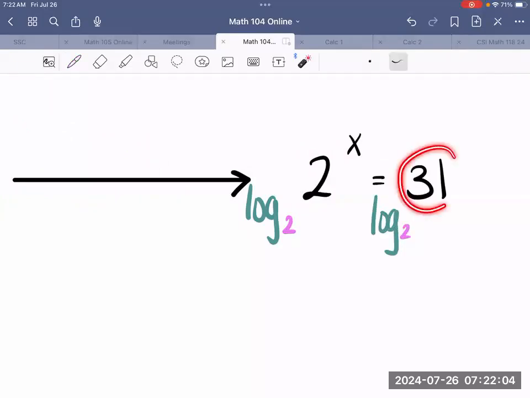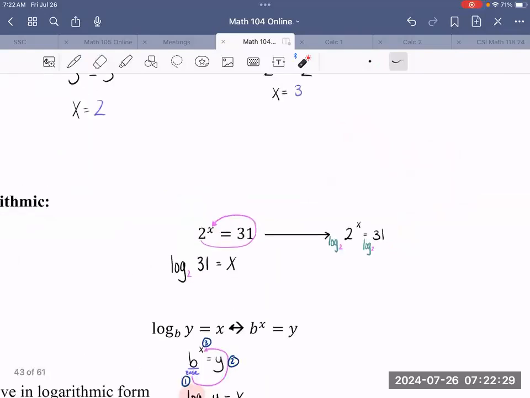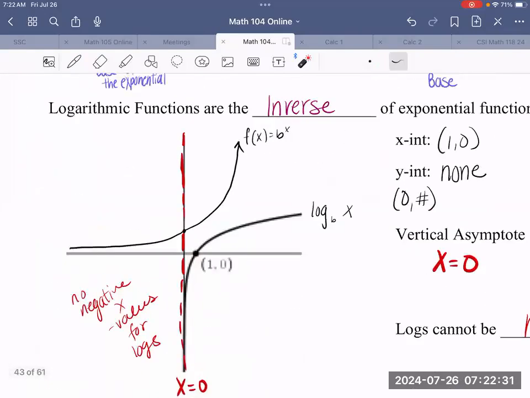Now, this time you're not matching 31 because this is not your base. I need these two numbers to match. This base here matches the base of the exponential. Why this works is a rule that's going to come in probably about 10 minutes or so: when you match your bases, they undo each other's processes, just like a mirror.